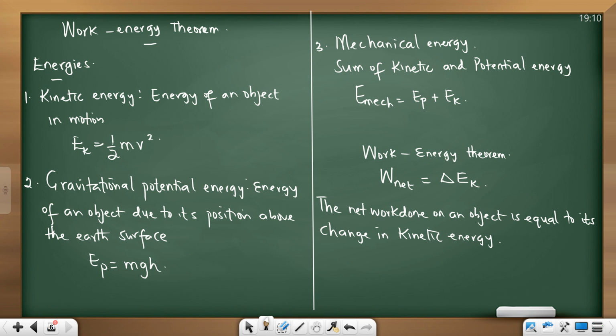Now I want us to build on this. There's something I want us to deal with. Early this year, we did what? The law of conservation of linear momentum. Can somebody help me with that? All right. The total linear momentum in an isolated system is conserved.